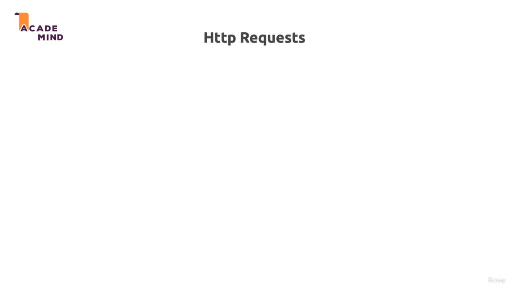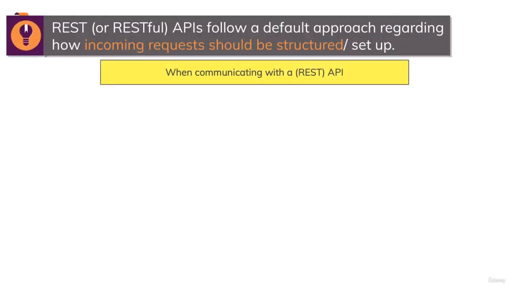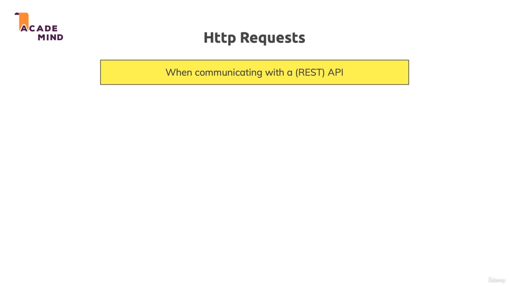Typically, you will communicate with a so-called REST API when working with a backend from your Flutter app. That's the most common web server you use for front ends, so for user interfaces like your Flutter app.